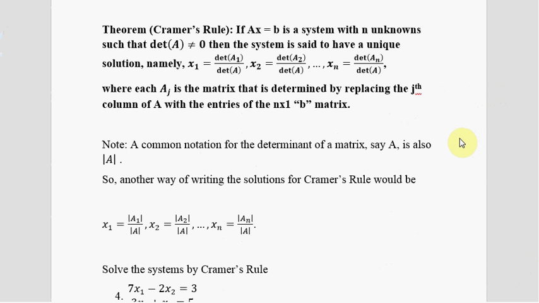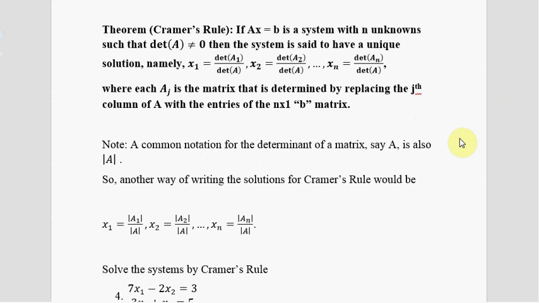Given the system AX equal to B, it's a square system with n unknowns. It would have to be square in order to use the determinant, because you can only take the determinant of a square matrix. The system is said to have a unique solution. If you have n unknowns, x sub 1 to x sub n, the solution is given by the ratio of determinants.